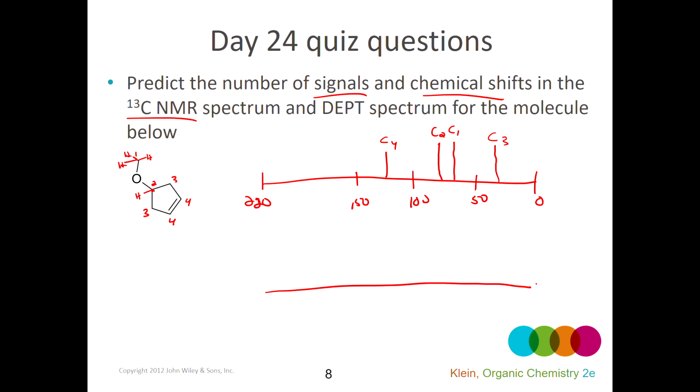And so then if I were to look at the DEPT, we'll just do the DEPT 135. Carbon 3 would appear in the same spot, but since it's a CH2, it's got 2 hydrogens on it, it would give me a signal downward from the baseline. Carbon 1 is also going to be in the same spot. Carbon 1 is a methyl, so that would come up from the baseline.